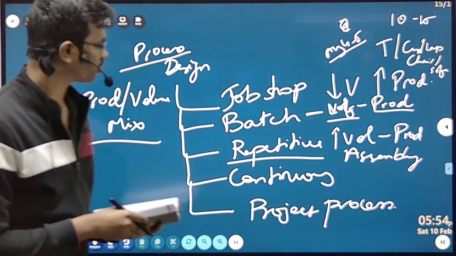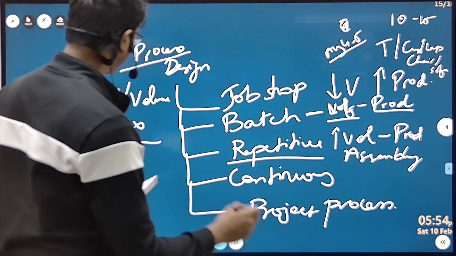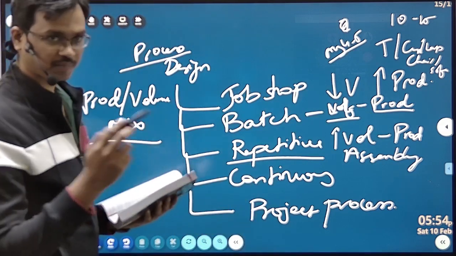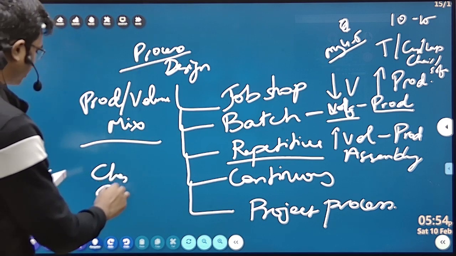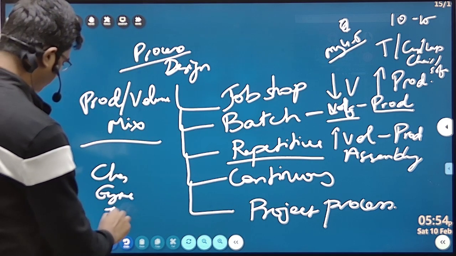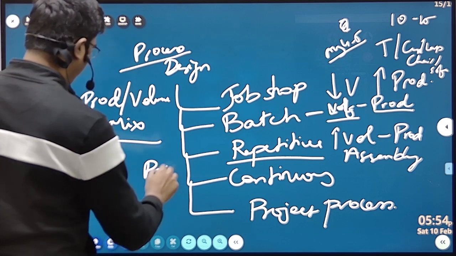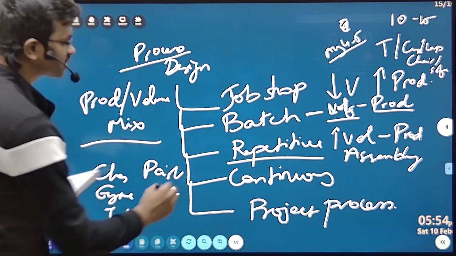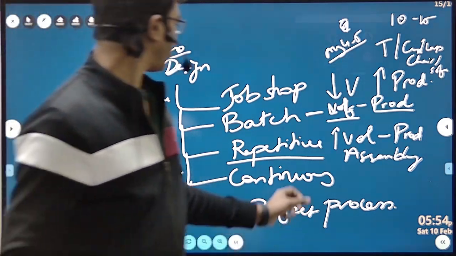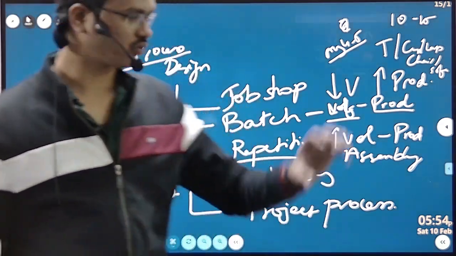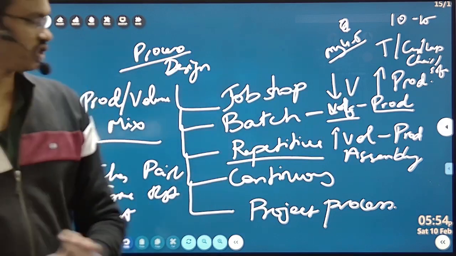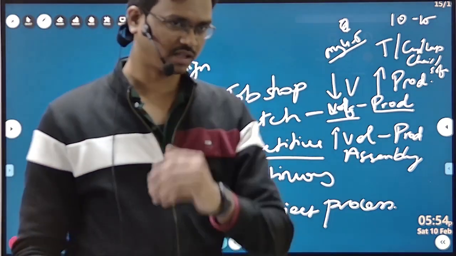As we discussed in the previous class, you will have chassis, engine, interior of the car, paint, and testing. So this is a repetitive process. For all cars it is the same, so it goes from one division to another division, like an assembly line till the end.